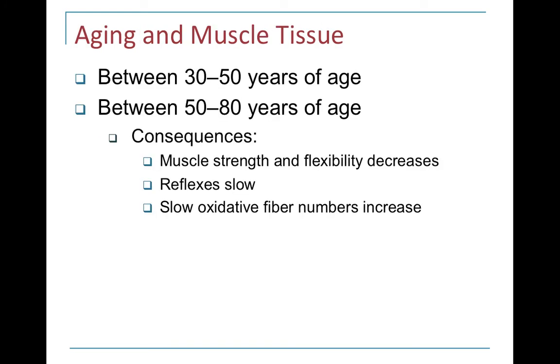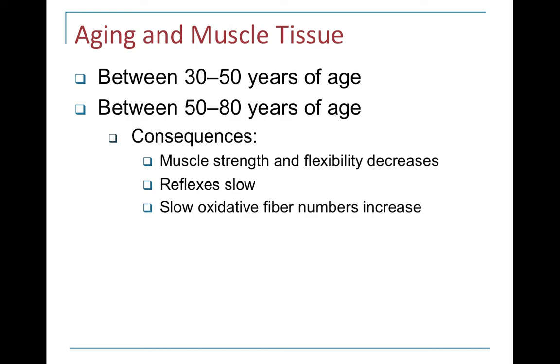As we age, we will undergo a slow progressive loss of skeletal muscle mass. And instead of being skeletal muscle, it will be replaced by fibrous connective tissue and adipose tissue. Between the ages of 30 and 50 years, about 10% of our muscle tissue is replaced by fibrous connective tissue and adipose tissue.